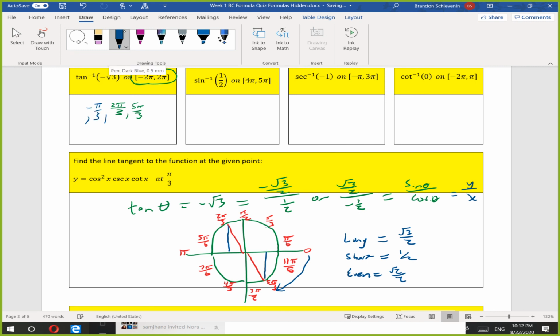And the coterminal of 2 pi thirds would be 2 pi thirds minus 6 pi thirds, which is negative 4 pi thirds. Those are the 2 times that I would have passed those angles again on my way backwards to negative 2 pi. Any questions on how we got these angles?